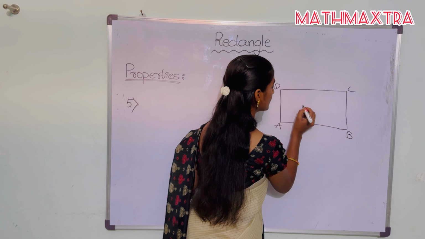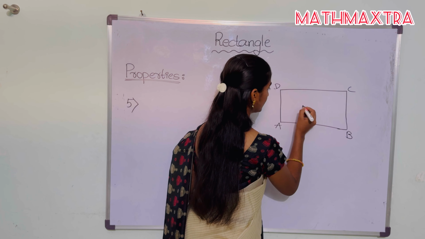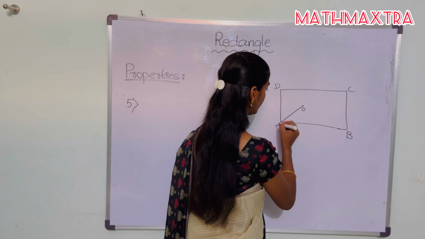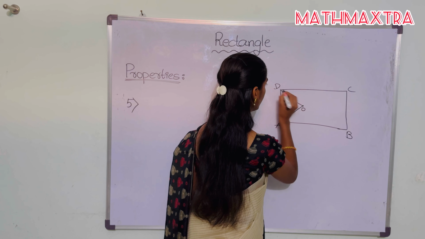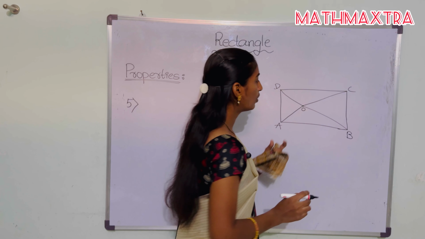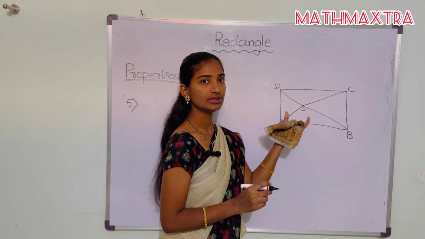If you join this point with the vertices, see, if this is a point O, I am joining OA, OD, OC and OB. So what is the relation of this?